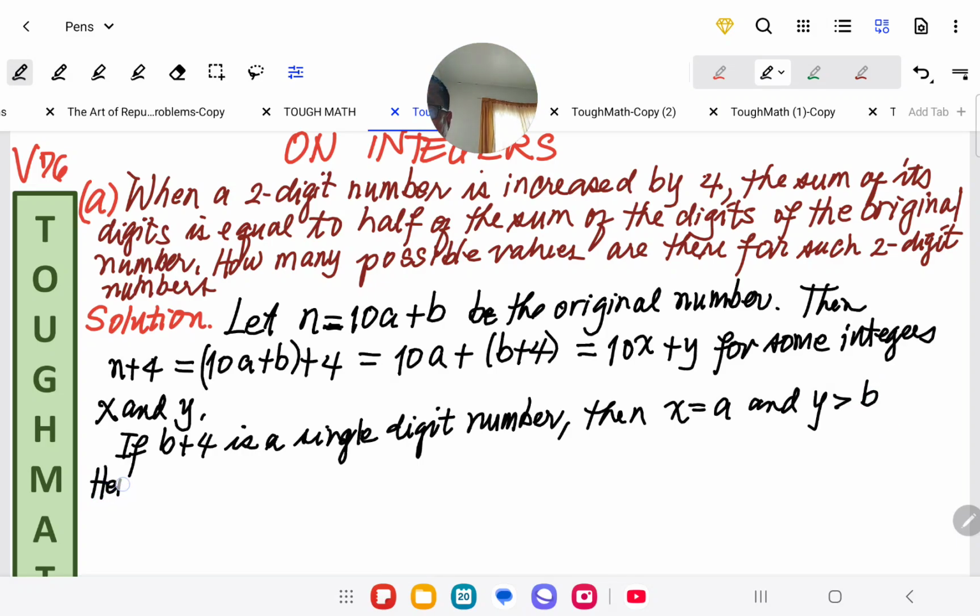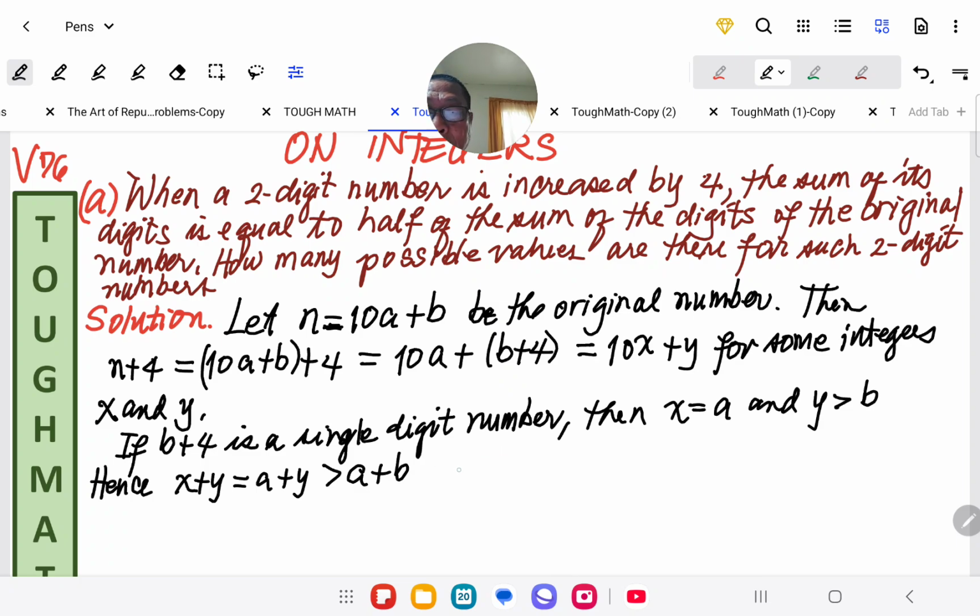Hence, x plus y, which is the sum of the digits of the new number, must be one half of the sum of the original digits. However, since x equals a, you have a plus y.